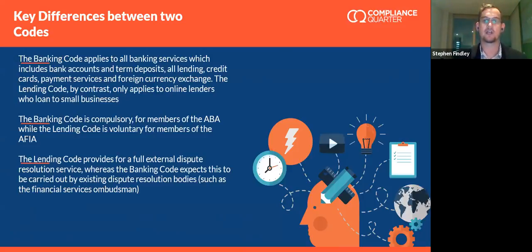Now, the banking code expects that banks are already signed up to dispute resolution bodies, such as the Financial Services Ombudsman, but the key focus of the monitoring committee for the banking code, even though it can investigate problems with individual customers, is general compliance issues rather than dealing with individual complaints.